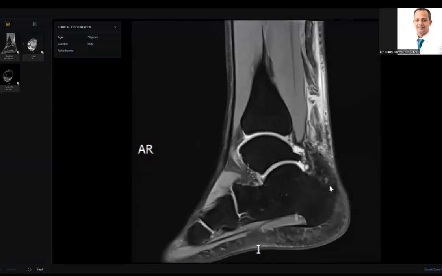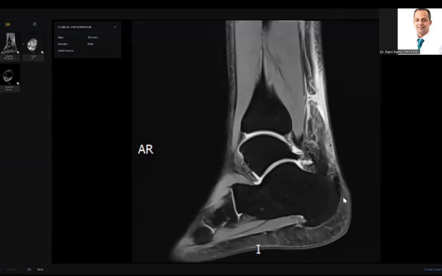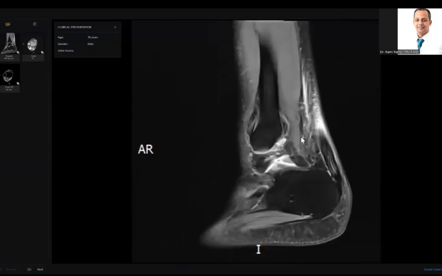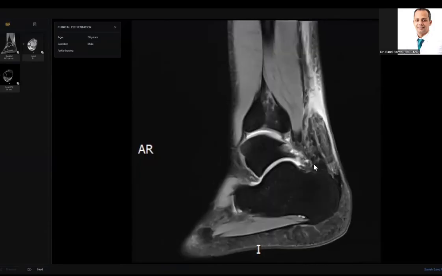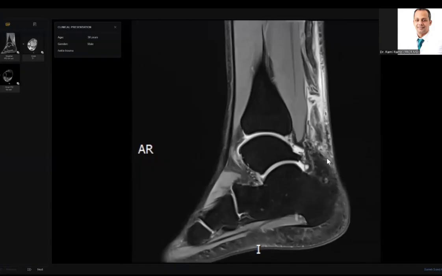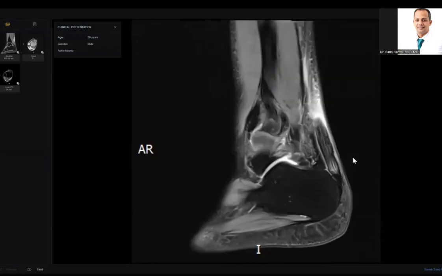Show me the ends, please. This one seems to be the distal part, and this is the proximal part. Okay, sorry, this one. Scroll and show me. Okay. Yeah, this one here.